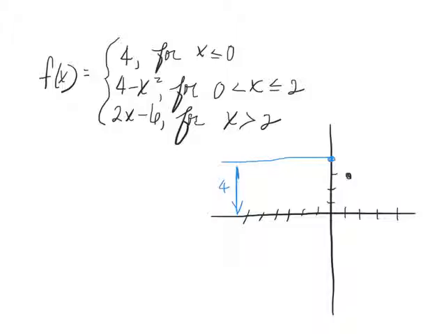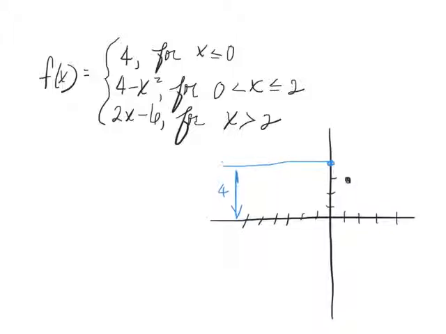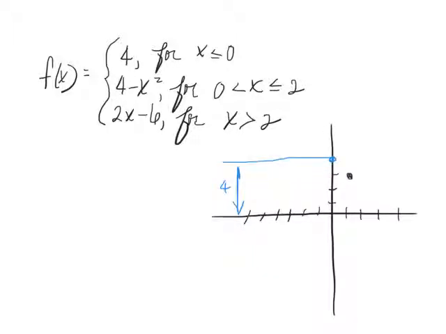Let's say I make x 0. Okay, it has to be bigger than that, but I can at least start at 0. So if I put a 0 in there, I got 4. So I would have an open circle here, but on my other part of my function here, I had a closed circle.